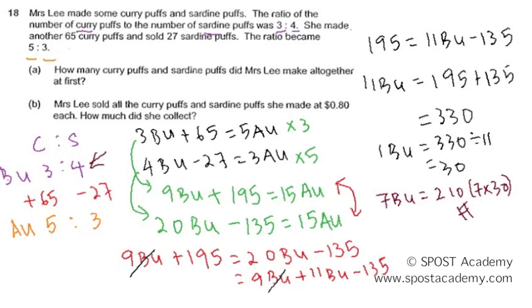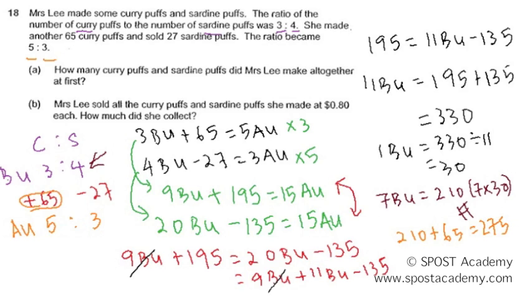B asks, Mrs. Lee sold all the curry puffs and sardine puffs she made at 80 cents each. So how much did she collect? Now, at first she made 210, but do not forget about the 65 additional curry puffs that she made. So she made a total of 210 plus 65, which is 275 puffs.